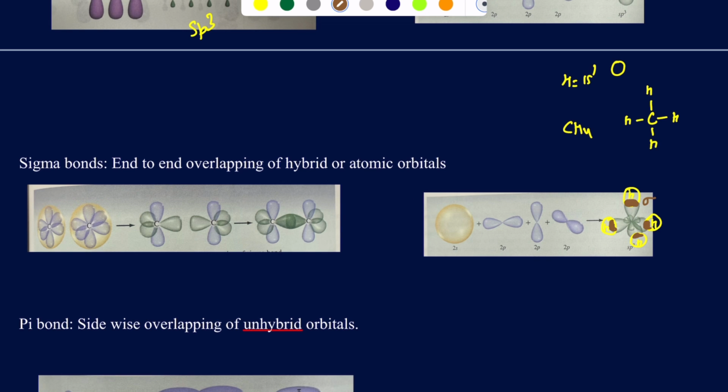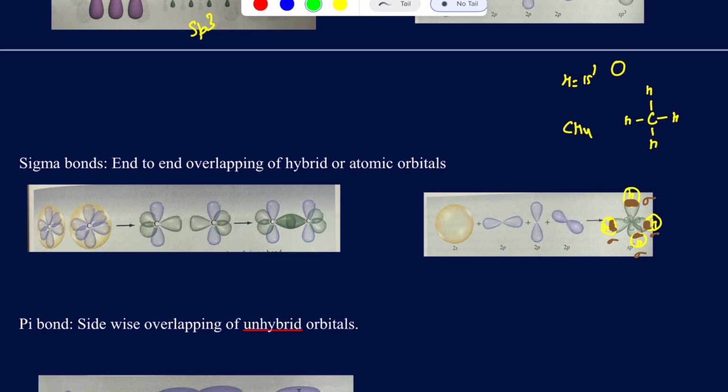So this is the formation of a sigma bond, which typically talks about the end-to-end overlapping of hybrid or atomic orbitals. Most of the time hybrid orbitals, but remember, in the case of hydrogen, you don't really hybridize anything because hydrogen has only one orbital. So you can also have atomic orbitals, especially in the case of hydrogens here.